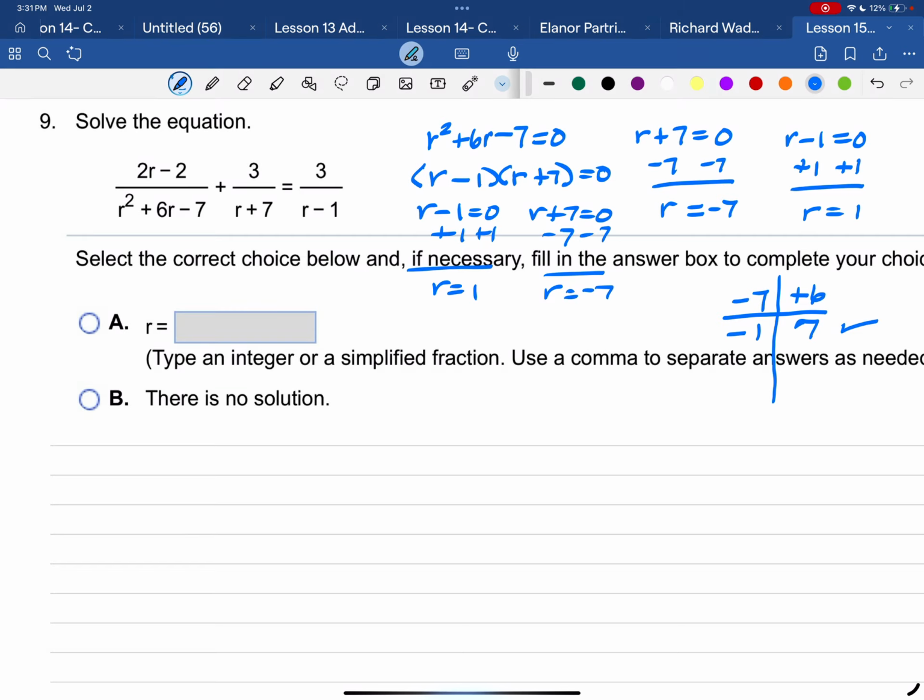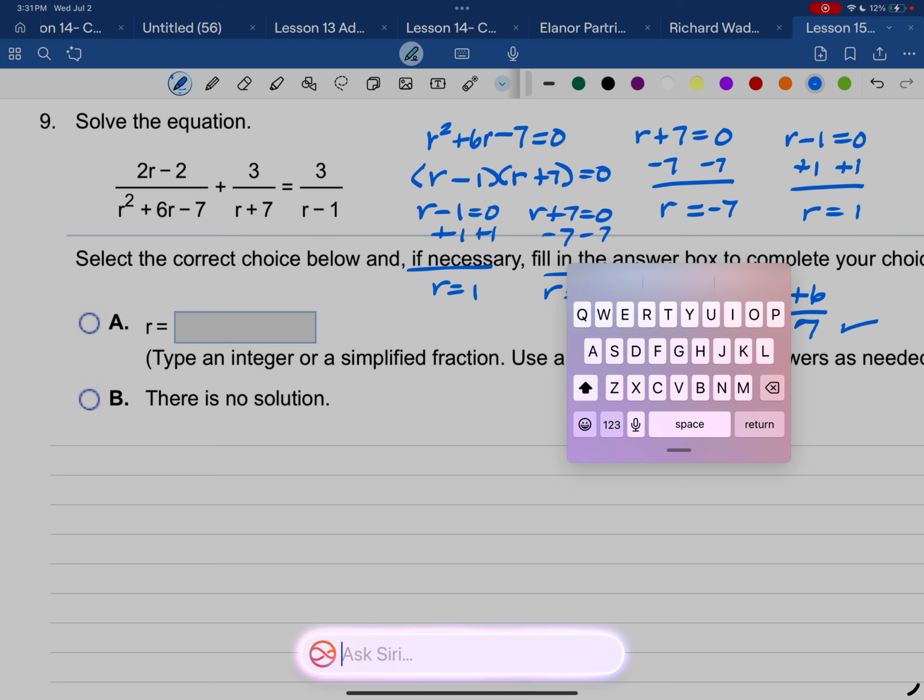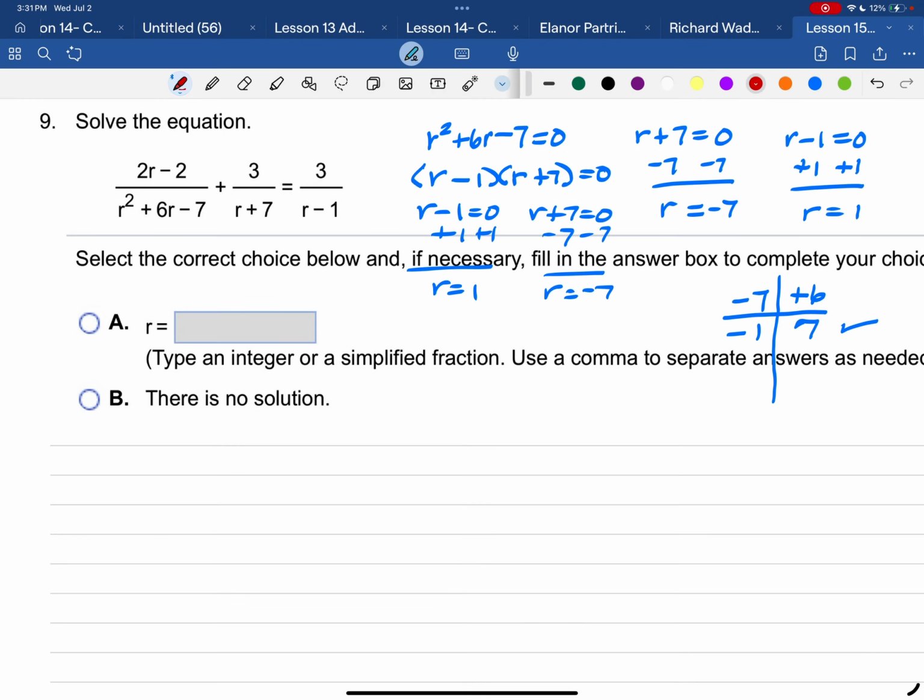So here's what we have to remember. R cannot be 1. R cannot be negative 7. It can be anything else, but if we get those two, we have to exclude them from the answer.